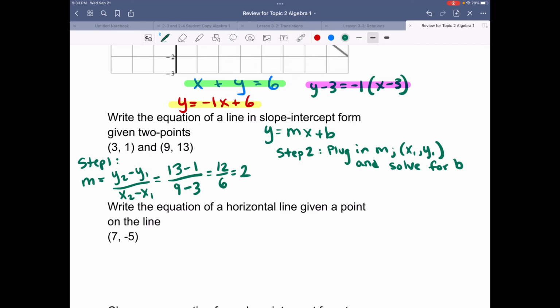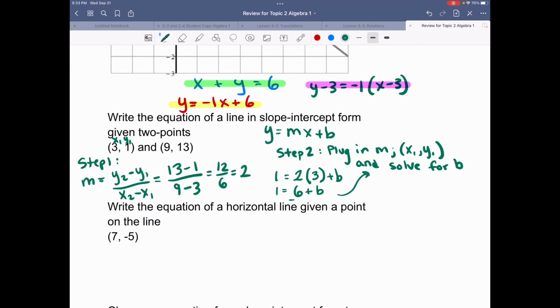So I need to choose an x1, y1, so I'm going to choose this one. And then I'm going to just plug this in. So my y is what? 1. My m is, we solved that over here. We just solved for that in step 1. Good. M is 2. Parentheses, because we're plugging into x. We're plugging in x1. Yeah, that's 3. Plus b. So 1 equals 6 plus b. Then I need to subtract 6.